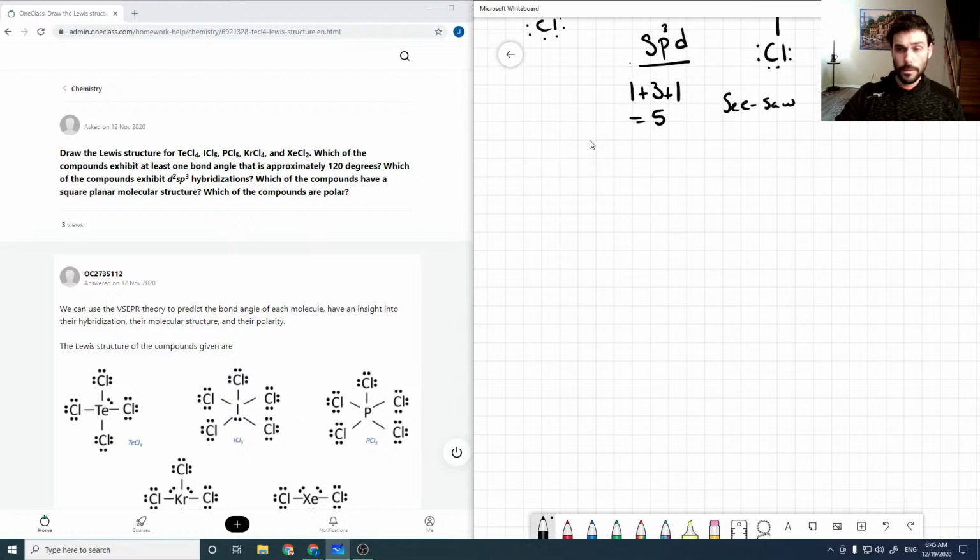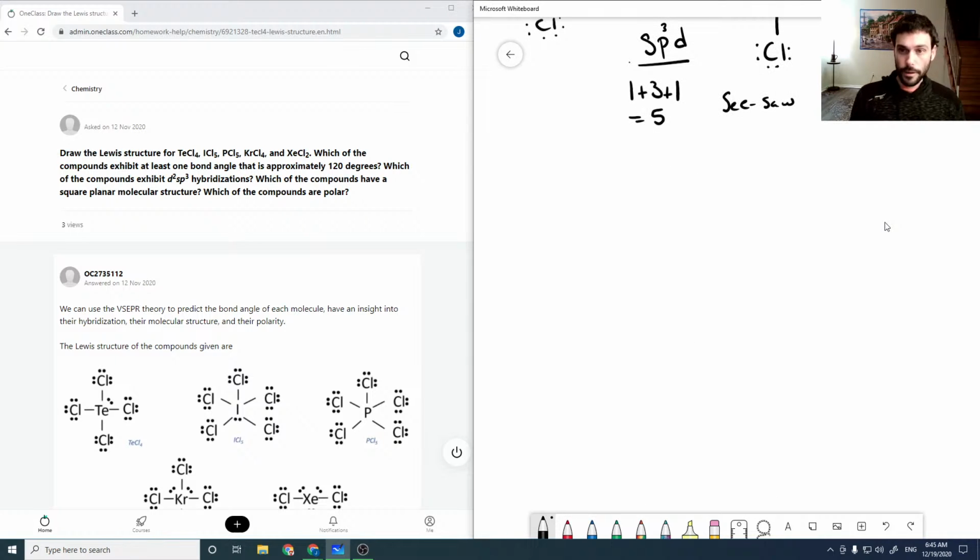Okay, so ICl5. So this guy has 7, and then these contribute 7 times 5 is 35, so total is 42. Again, iodine normally would have 7, but obviously it has 5 bonding partners, so we're going to need to put those in.